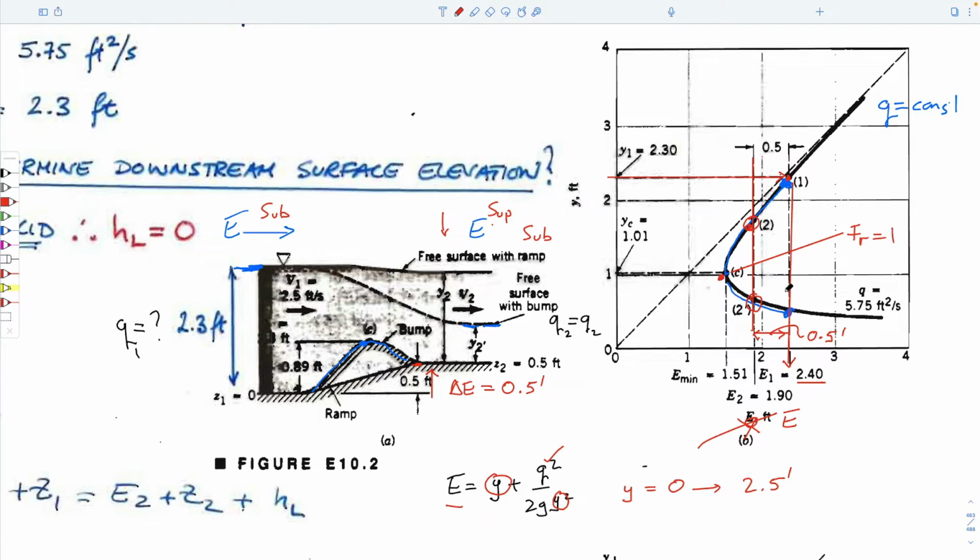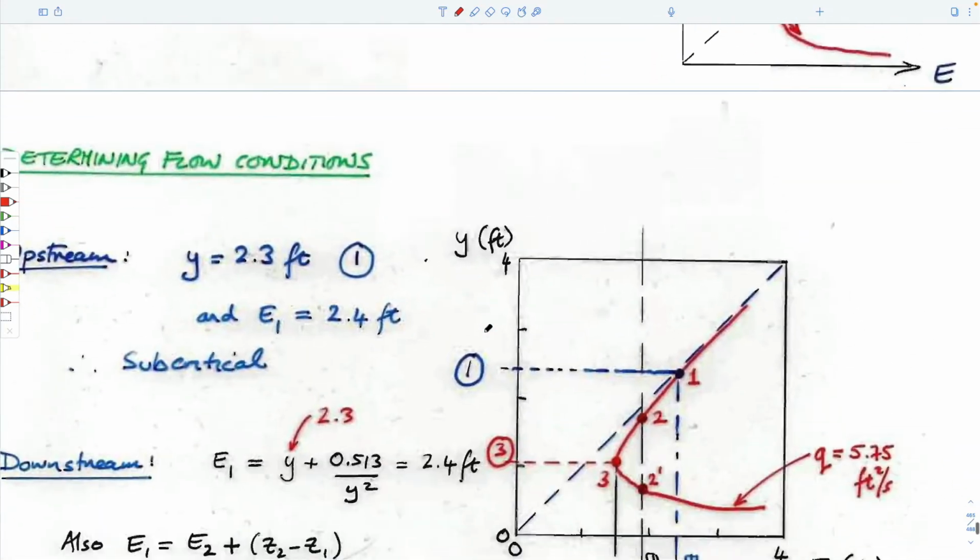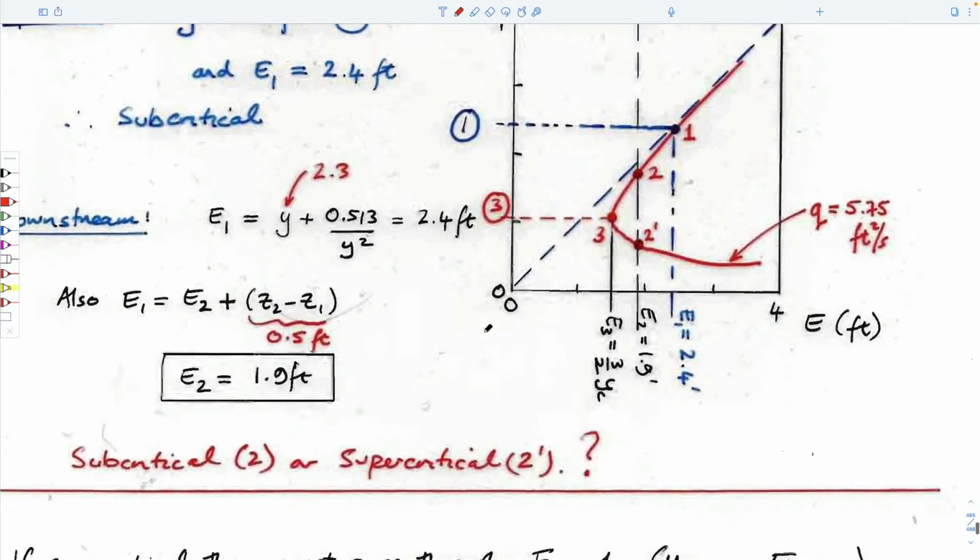Critical, I guess. Not supercritical, not subcritical, but critical. And so we know then that the depth of flow that we're at would be at this point here. And so we can go to this point here, and it turns out to be, the math is all here, and I don't know if I can see what it is.